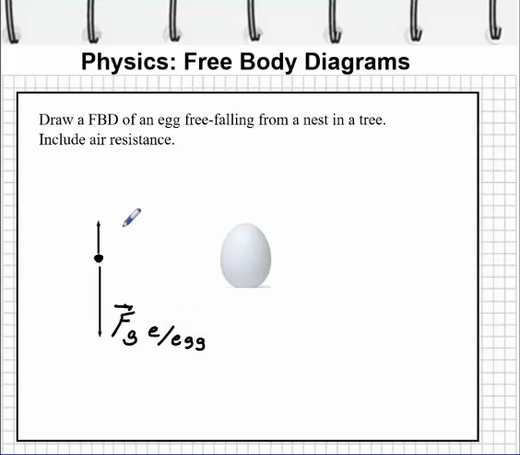This would be my drag force, air resistance. So again, you could put D, or you can put some type of frictional force. I will put D, and that would be the air onto the egg. Again, if it's accelerating, this force here would be shown longer than this force here. We would not draw any arrows. If it was moving at a constant velocity, then we would show these being the same length, and we would put slashes, meaning that they have the same magnitude.